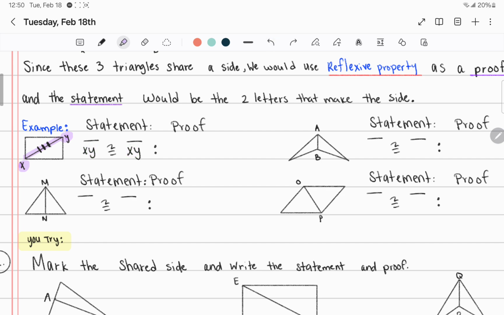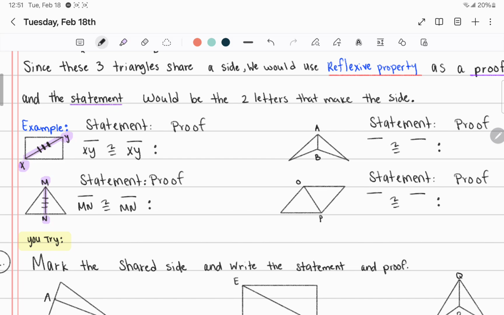For the one under it, the shared side is, again, in the middle. Go ahead and mark it with 3 lines, 1, 2, 3. What are the two letters that make up this side? M, N. So you're going to write MN, MN.